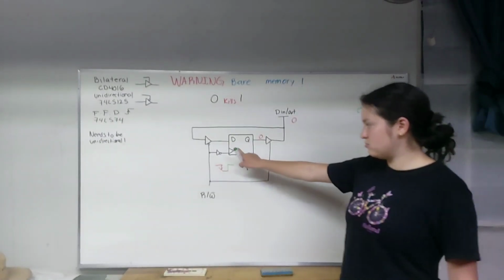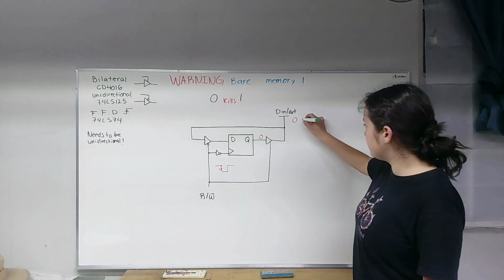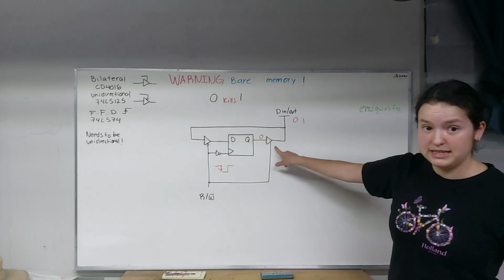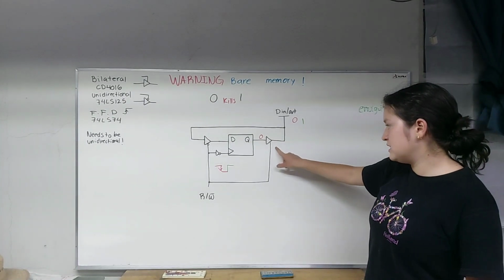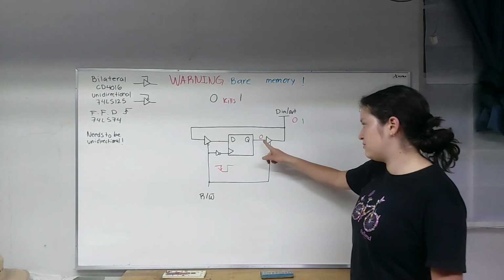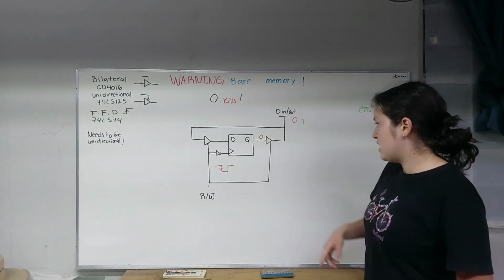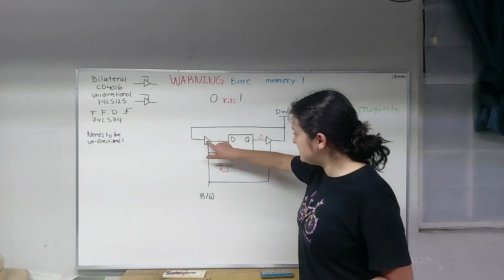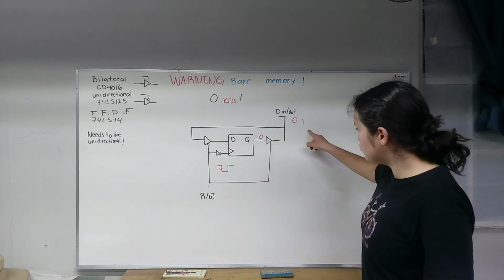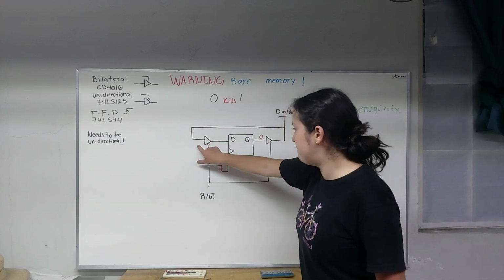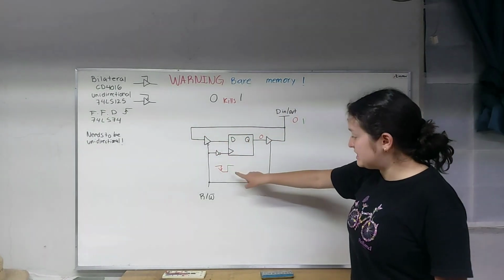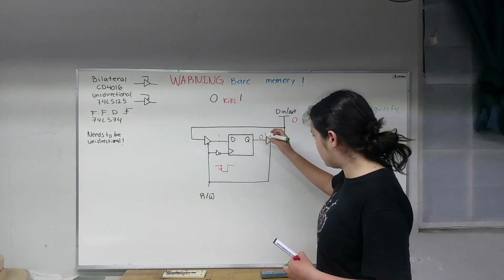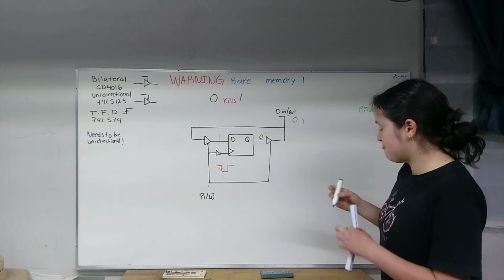With this 0, this gate is inactivated, so it's not going to transfer Q to D. Now here is 0, goes to 1, and now this gate is activated. So this one goes here and passes to D. And as it is a positive edge, what is in D now passes to Q.